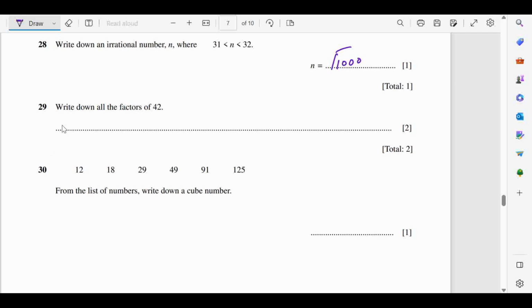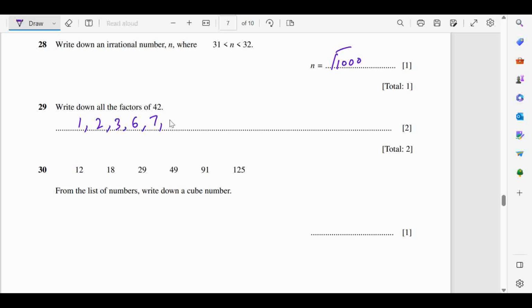Write down all the factors of 42. So 42, so 2, and then 3, not 4, 5, not 6, no, yes 6, and then 7, then 8, no, and then 9, 10, 11, 12, 13, 14. Yes, 14, no 14 is not the factor, 15, 16.